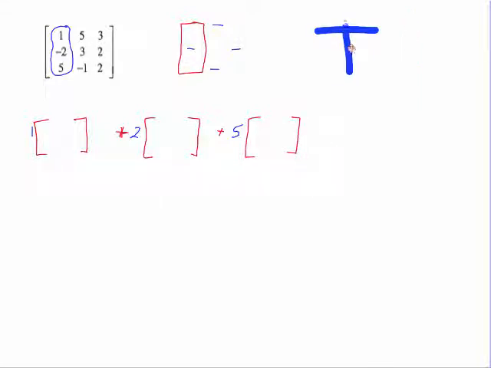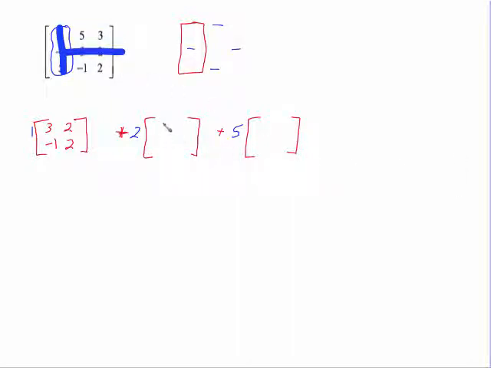Because I'm expanding on the first column, I'm covering up the entire first column. And this cover will bounce from here to here to here. So when I cover this up, what I see is the 2 by 2 matrix, 3, 2, negative 1, 2. Go down 1.